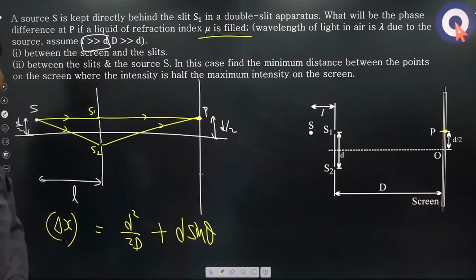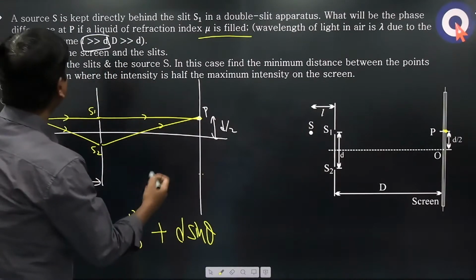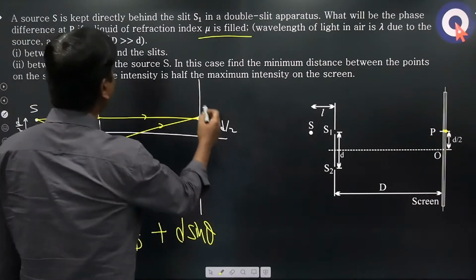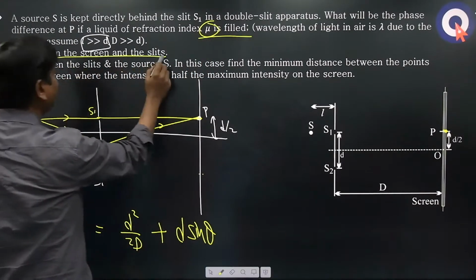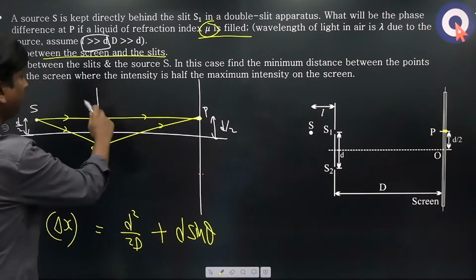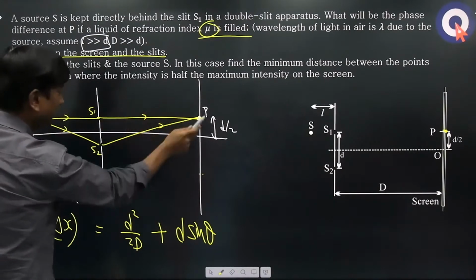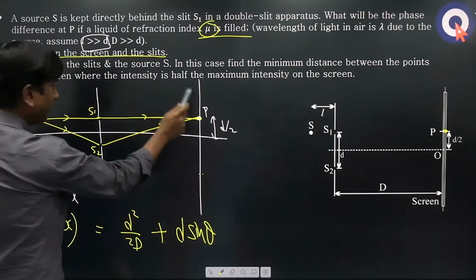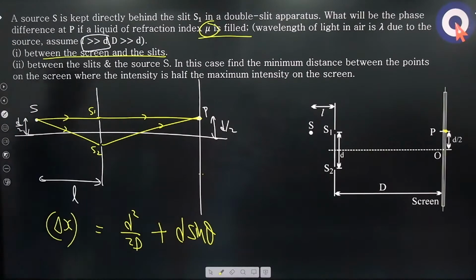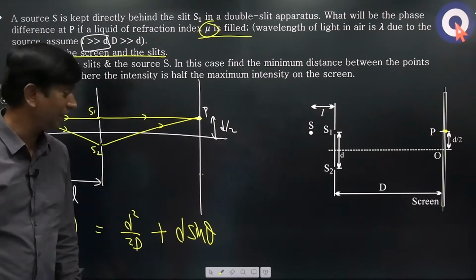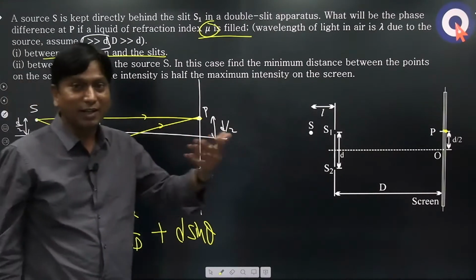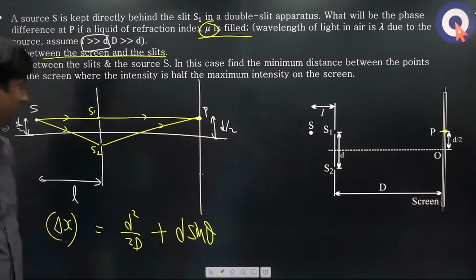Now, they are giving two conditions. You are filling a liquid of refractive index nu between the screen and the slits. Whenever you fill a liquid in this place, the geometrical path difference which was in air will come as nu times that.